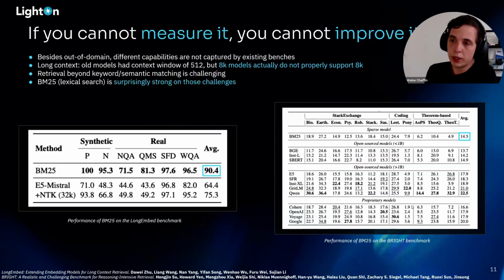One common thing that should be noted is that for both of these evaluations, BM25, which is a very simple lexical method that does not leverage any deep learning, is actually very competitive. And this also holds for out-of-domain retrieval, where BM25 is to this day very much used in addition to the dense search signal in order to enhance the out-of-domain capabilities. And so this might very well be a hint as to why single vector models are actually struggling.